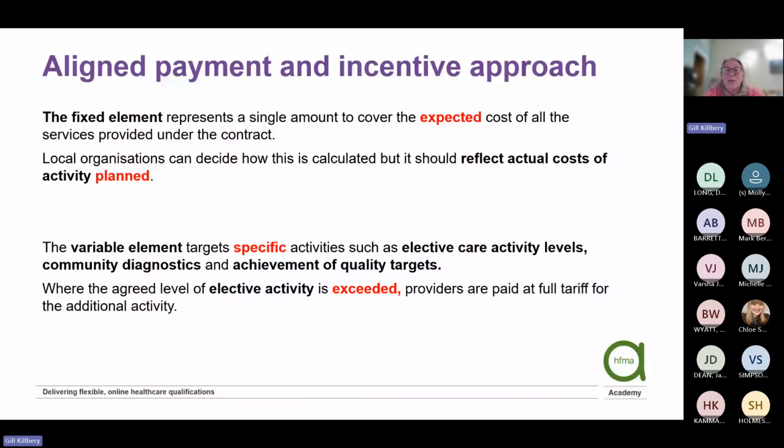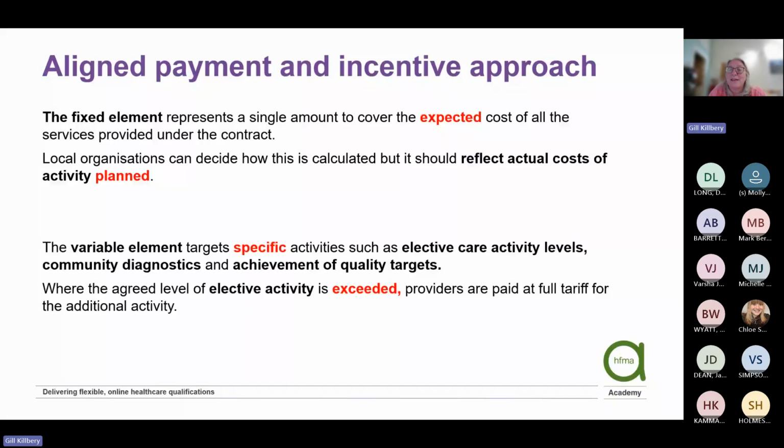Emergency care services, although part of the fixed element, are also subject to activity monitoring. Where activity is higher or lower than planned, a 20% adjustment can be made. So you get a contribution towards the cost. Mental health and community contracts are mainly fixed cost contracts.